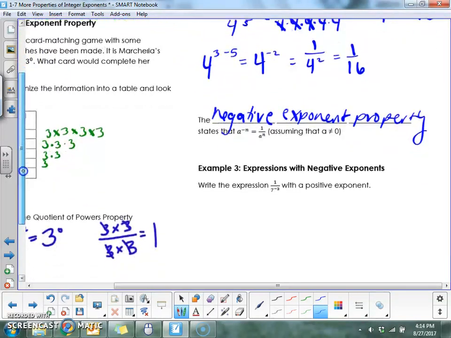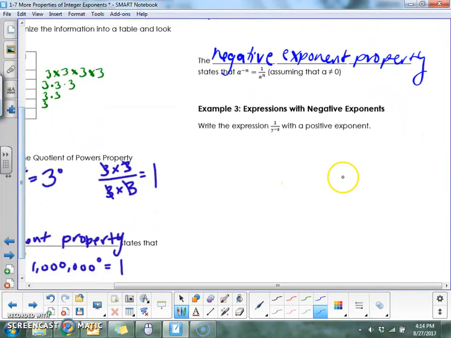Now sometimes you're going to have a negative exponent in the bottom of your fraction. It's going to work the opposite of what we just did. Here I can rewrite 1 over 7 to the negative 2 as 1 over 7 to the positive 2, because we learned that this is the same as this.